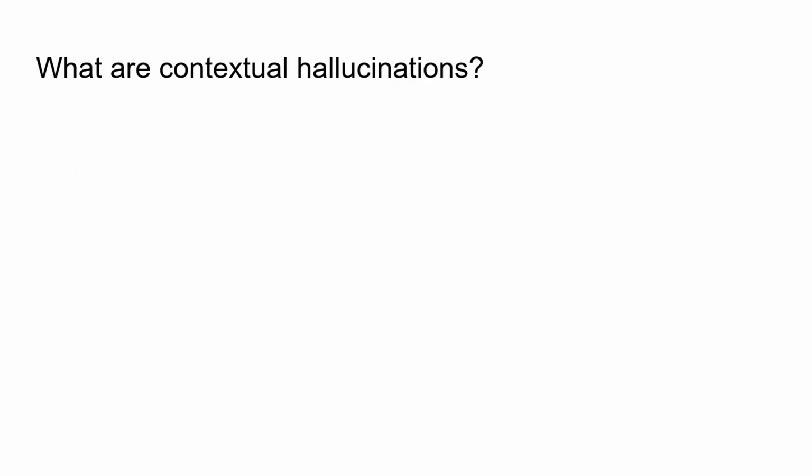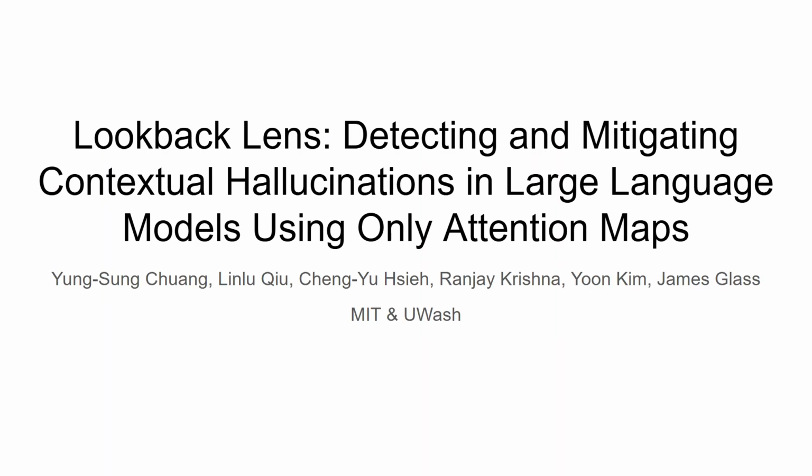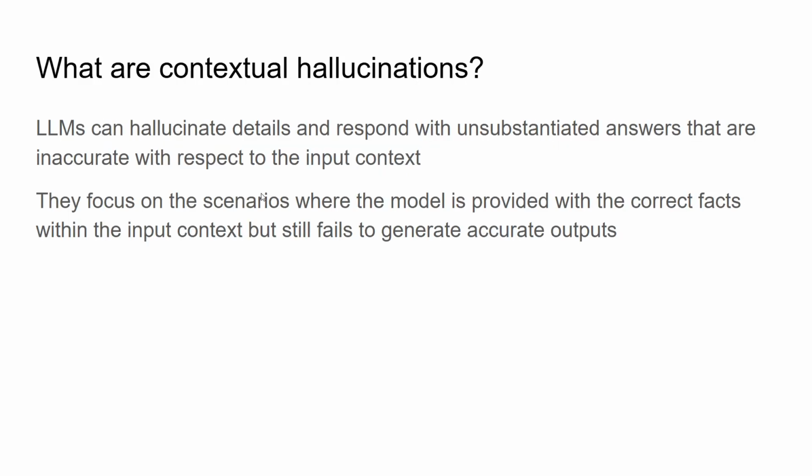So, what are contextual hallucinations? If you remember, the title contains this word, contextual hallucinations. So, LLMs can hallucinate with respect to many different things. Contextual hallucination is when it creates details or unsubstantiated answers which are inaccurate with respect to the input context.